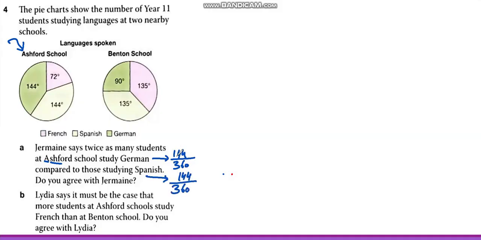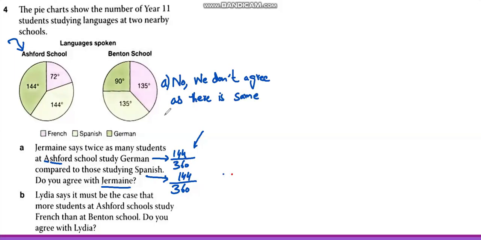Actually, this is the fraction of the angle, but we can also use it as the fraction to compare. So we can see that both subjects have the same fraction, meaning they have the same ratio. So that's why we don't agree with Germany. We will mention for A part that no, we don't agree, as there is the same ratio for both subjects.